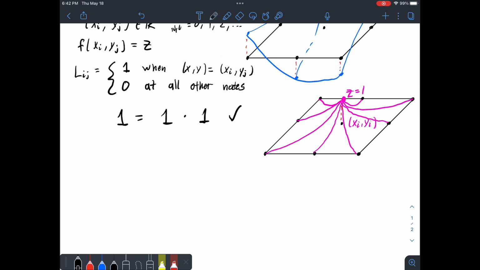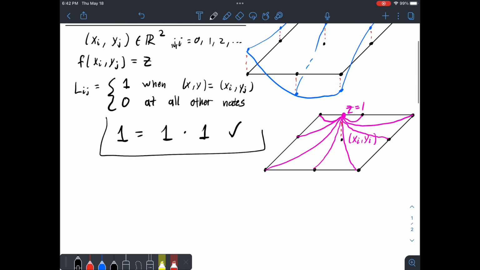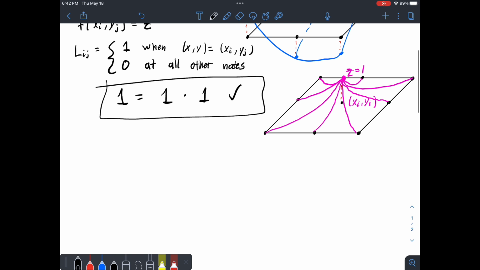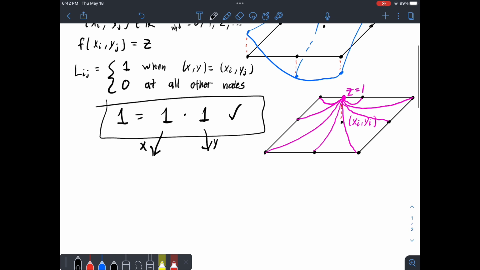Okay, so let's take this idea and move it down here. I'm going to create one function that's for x, and I'm going to create another one that deals with y. That way, when they both are satisfying the xi, yj condition, we multiply them together and we just get 1.